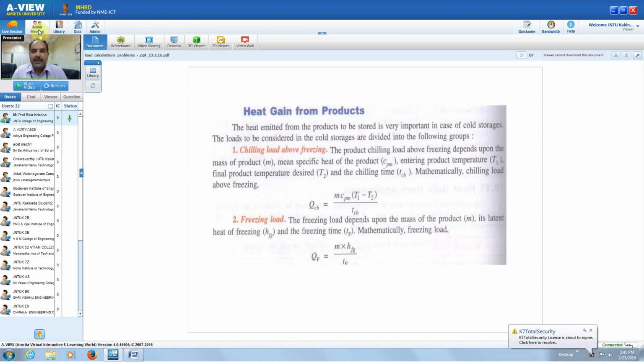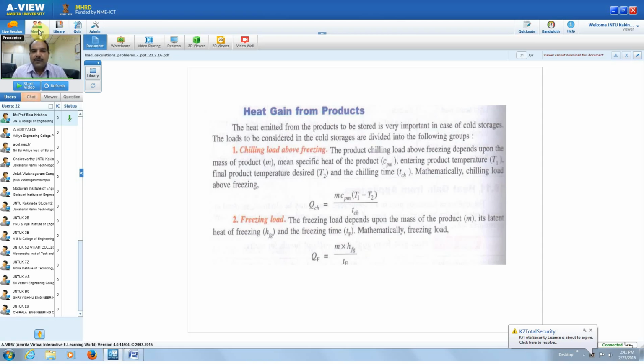Then the heat gain from the products. The heat emitted from the products to be stored is very important in the case of cold storages. The load to be considered in cold storages is divided into two groups. One is the chilling load above freezing, and the second one is the freezing load.